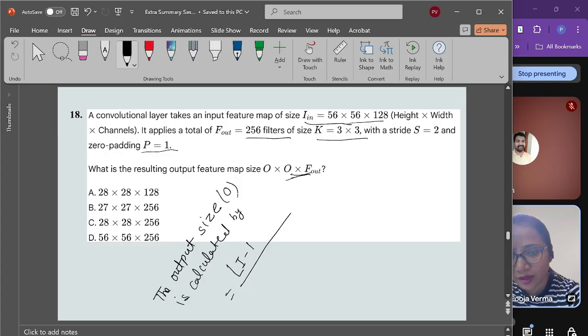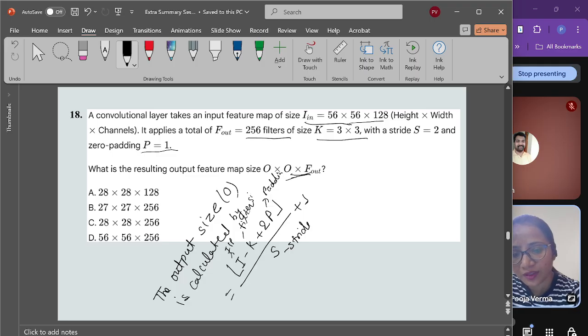I minus K plus 2P, divided by S, plus 1, where S is the stride, I is the input, K is the filter size and P is the padding. So everything is given.